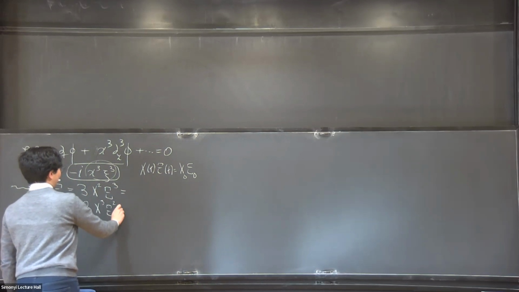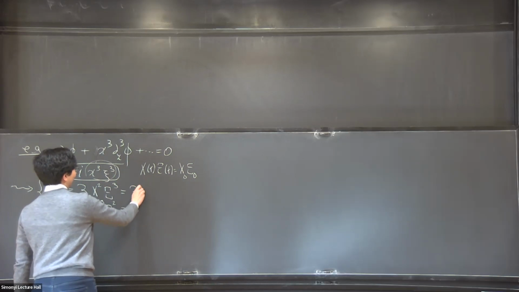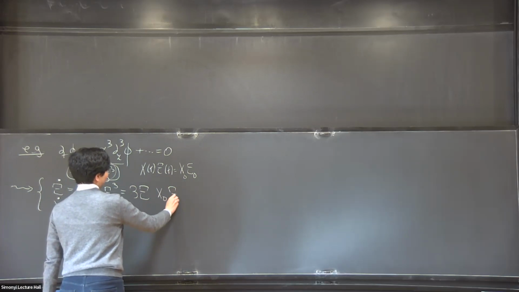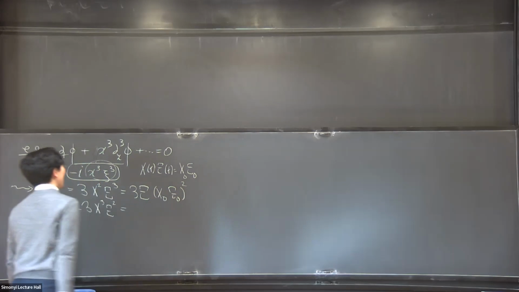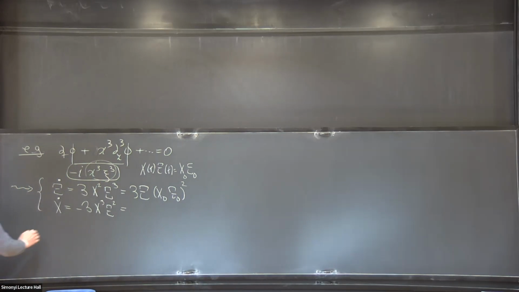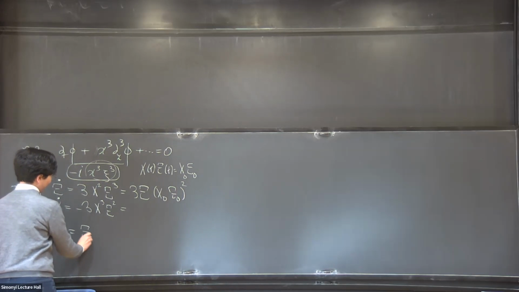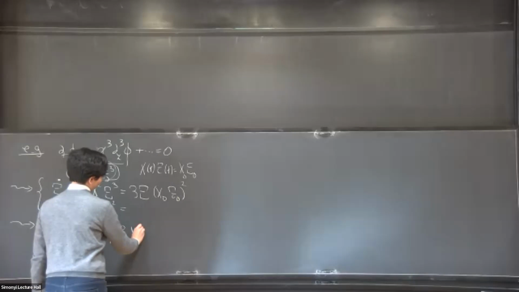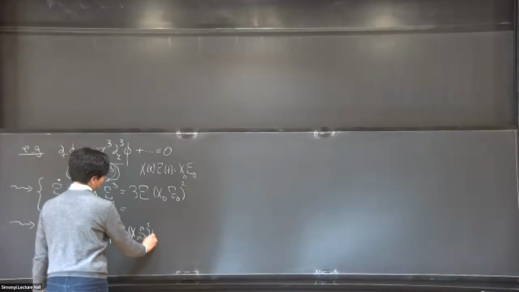This is in particular equal to 3 times ξ times this squared, which you can immediately integrate, and you can do it for x as well. So ξ_t is ξ_0 times the exponential of 3 (x_0 ξ_0) squared times t.